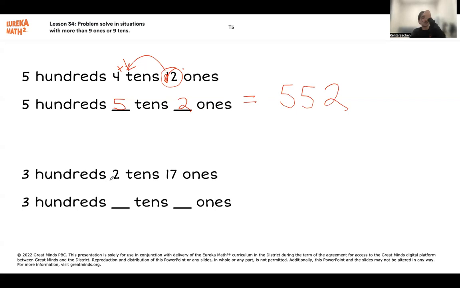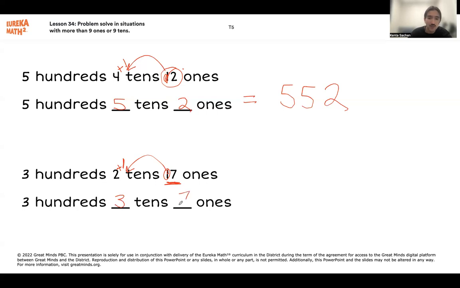Let's look at another example. 3 hundreds, 2 tens, 17 ones. What do we do here? Well, I know that 17 is more than 10. So I'm going to take this 10 away and add it to the tens. I add 1 more here. 2 plus 1 is 3.